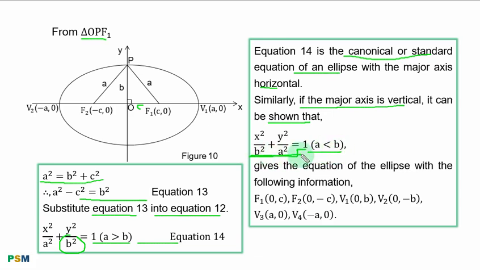This form gives the equation of the ellipse with the following information. You have the foci F1 and F2. You have the vertices from V1 to V4.